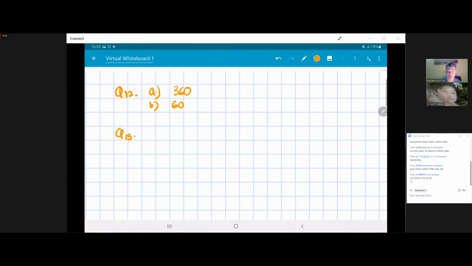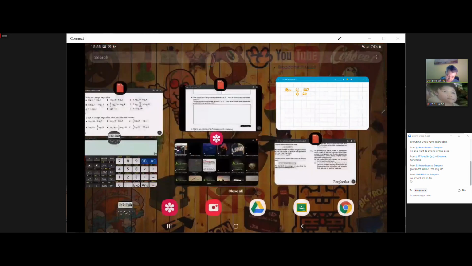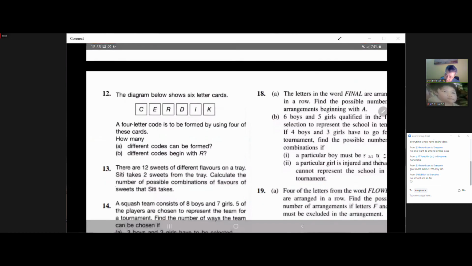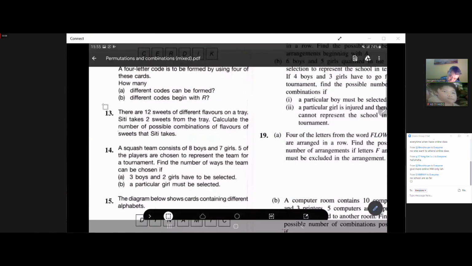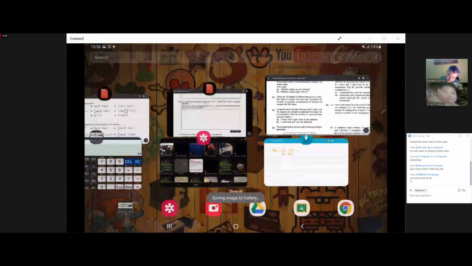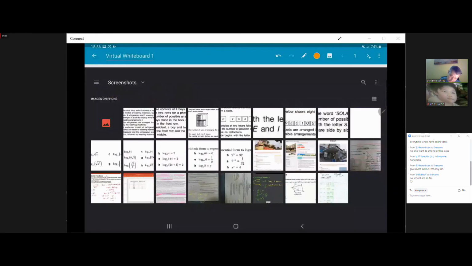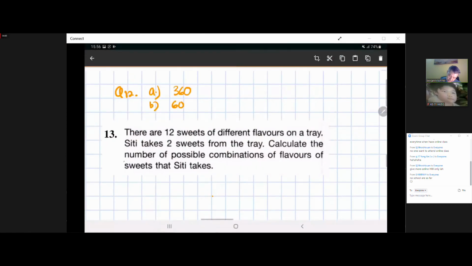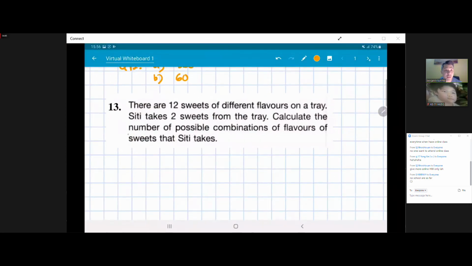Question number 13. Actually, this is a good question. Number 13, I should discuss with you because I want you all to understand the question properly. I think it's quite simple, right? Calculate the number of possible combinations.